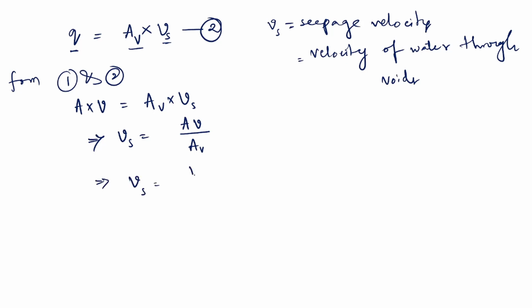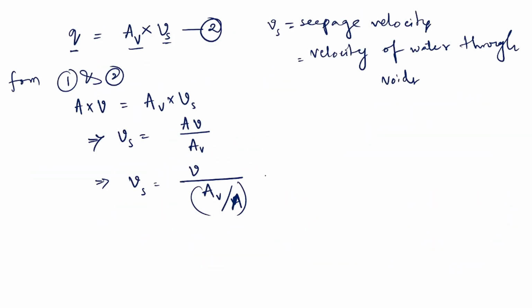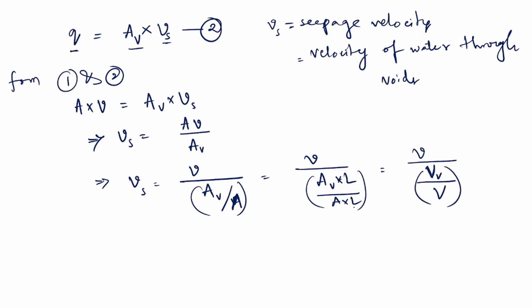Now, the length is same for voids and for total soil. Multiply both by length, Av into L, A into L. It's nothing but volume of voids divided by total volume, because total area into total length is total volume, area of voids into length is volume of voids.